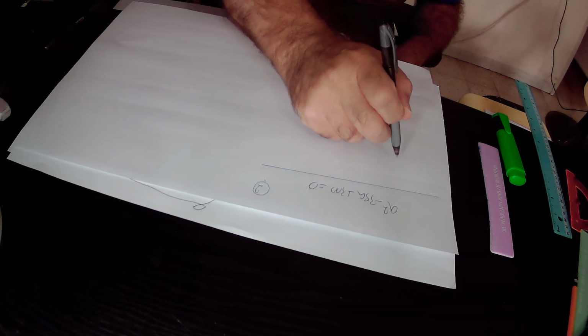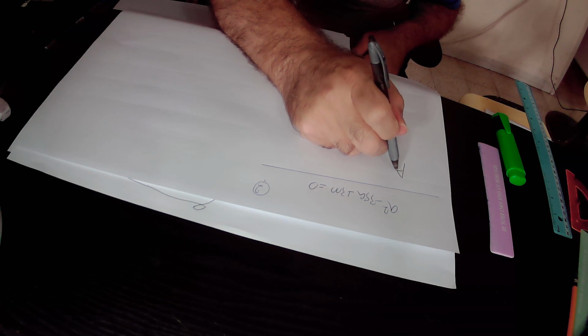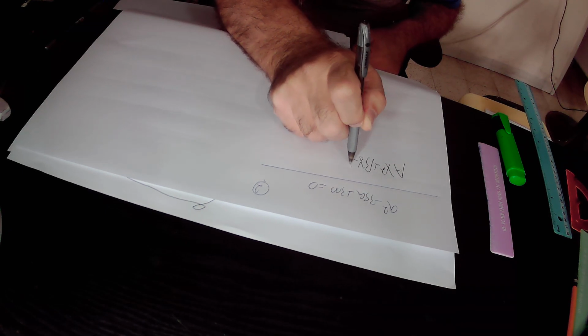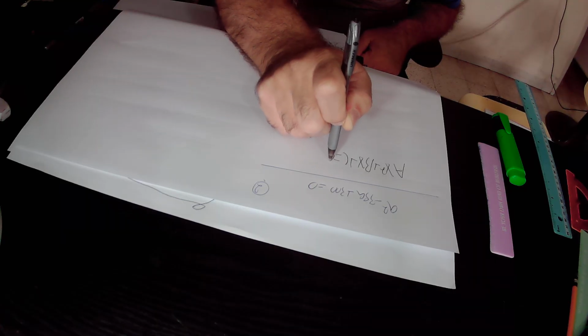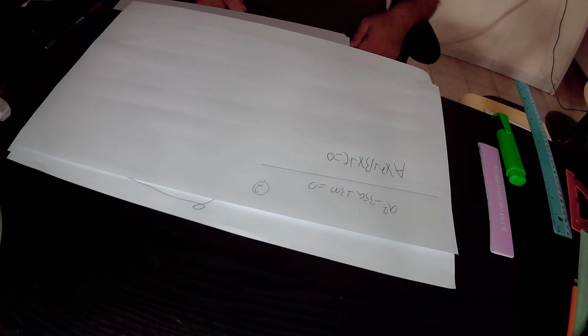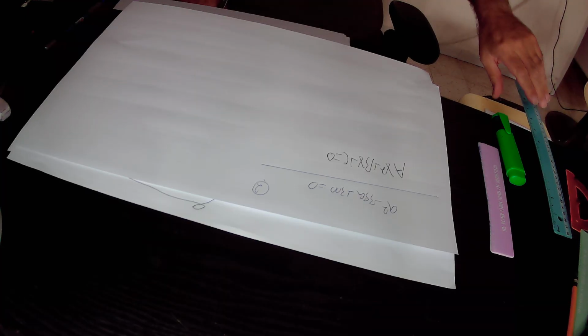So actually this is a quadratic equation, and the general formula for quadratic equation is as follows: ax squared plus bx plus c equals to 0. In this general formula for quadratic equation, a, b, and c are the coefficients of this quadratic equation, and x is the variable that we are looking for.